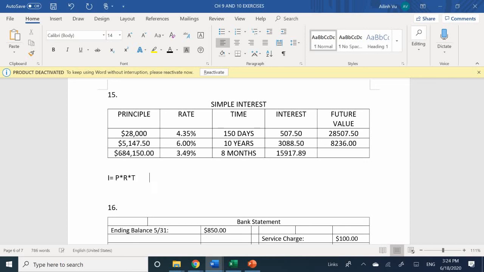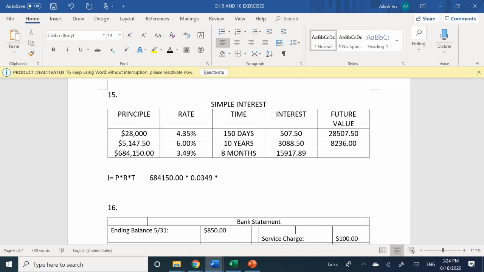So what is my principal? 684,150. I need to multiply that by my R. What's my R? 3.49%. And then I need to times it by my time. What's my time? 8 months.